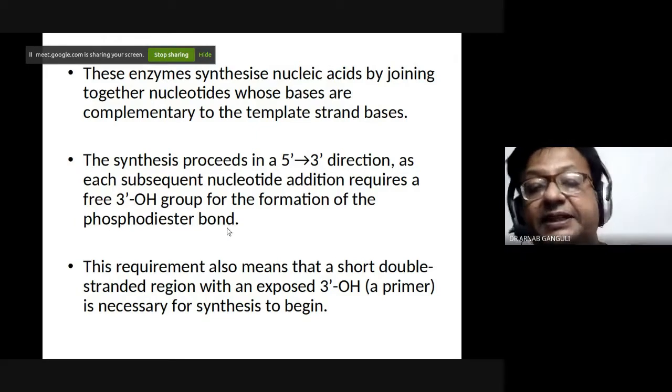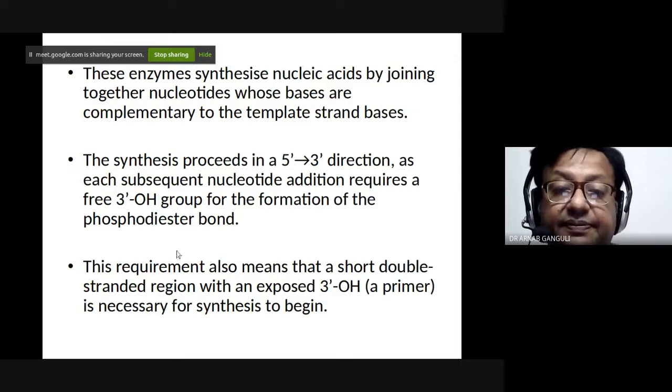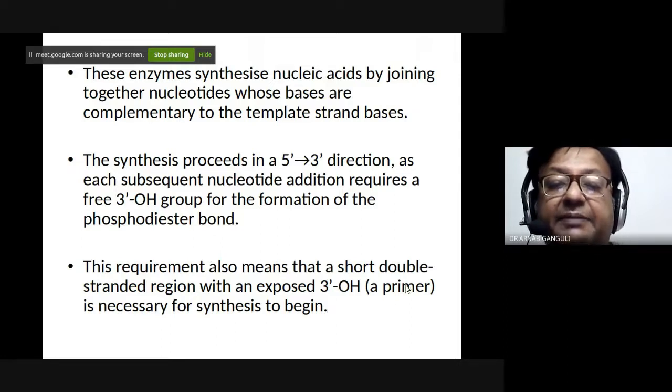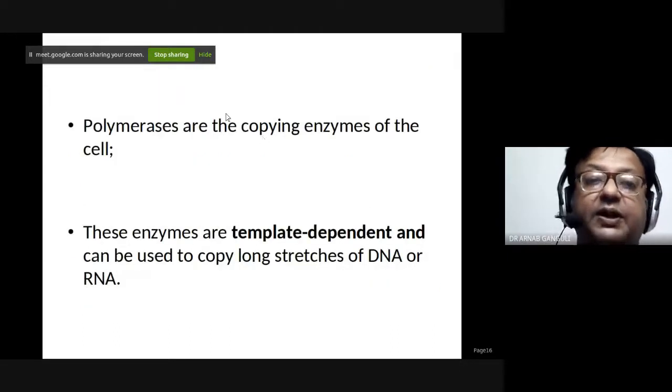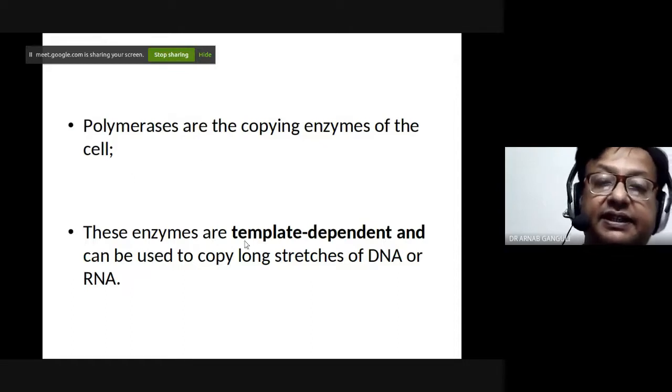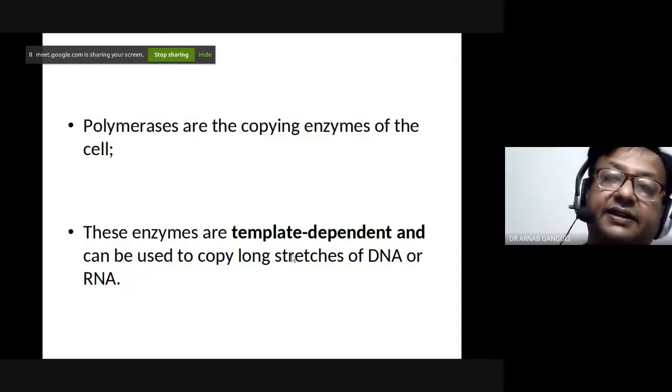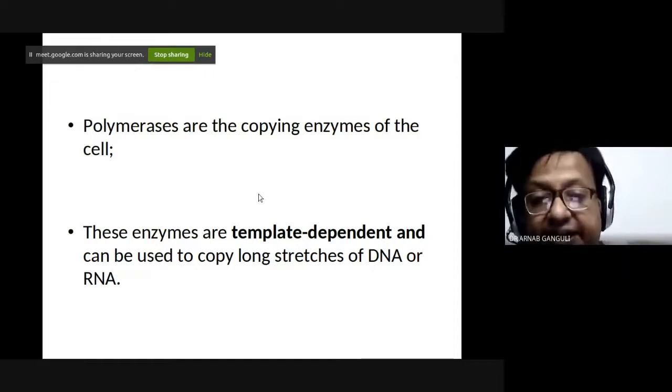Remember DNA replication. And you require a primer also with an exposed 3' OH. Otherwise, they don't work. Polymerases are the copying enzymes of the cells. They are template dependent, either on DNA or on RNA.